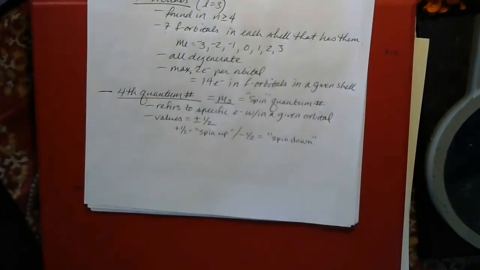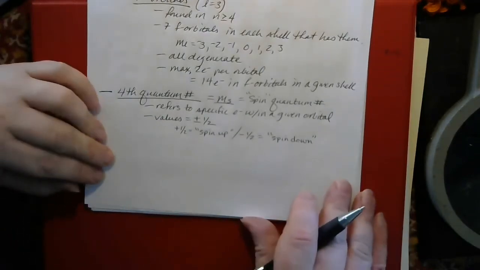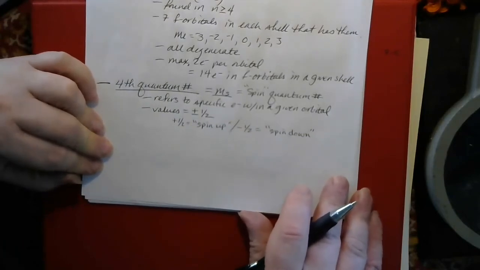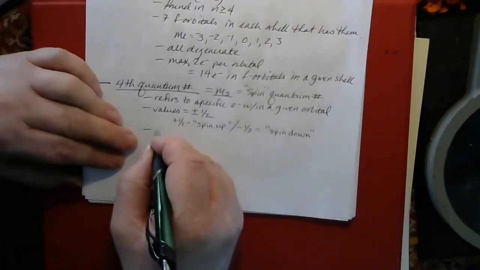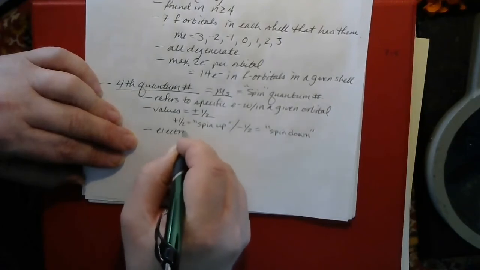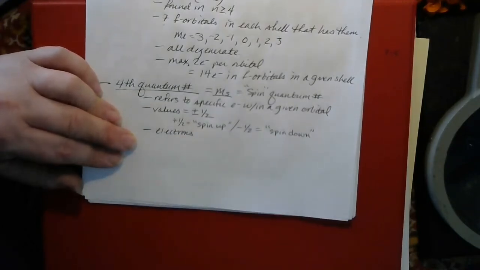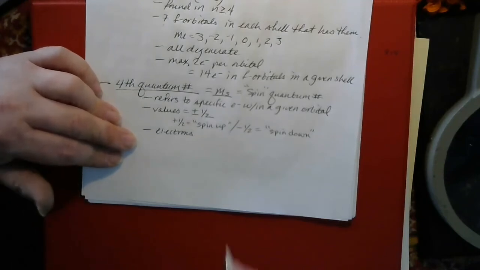The electrons in the orbitals are not really spinning as such, but this is a name for a quality that allows electrons to be in a small space together at the same time without repelling each other. Because normally you'd expect negatively charged electrons to repel each other if you try to move them close together, like putting them in the same orbital. So the electrons have this quality that we call spin, and if they have opposite spin, then they don't repel each other.